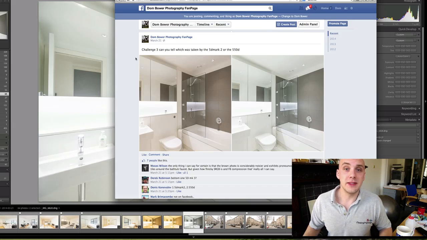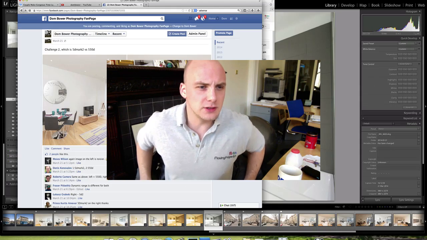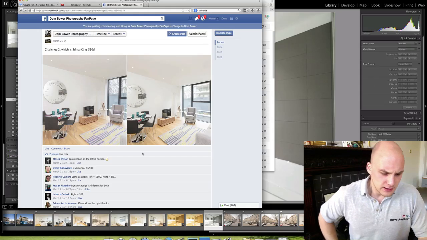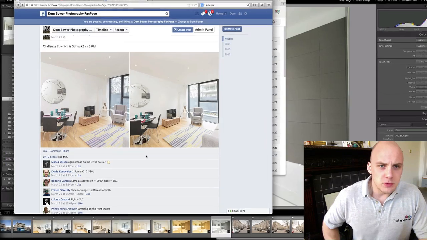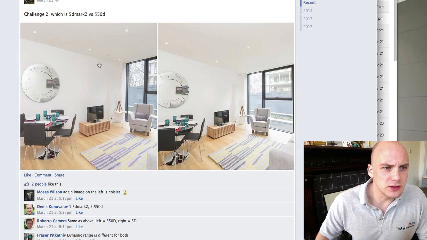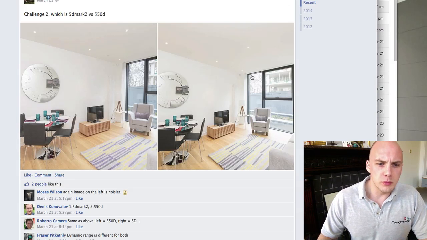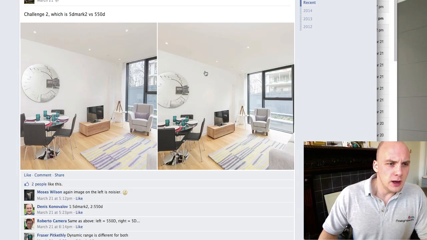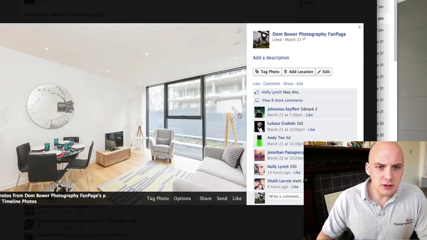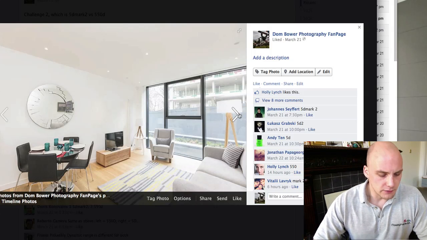Okay, now we'll look at the next image. The next challenge was this shot of a living dining room area, and this one is a little bit more complicated. It's hard to tell which one is which. One's a little bit cooler, the other one's a warmer white balance, but in terms of the actual image, they're pretty close to each other. For me, just now, I can't see a difference.